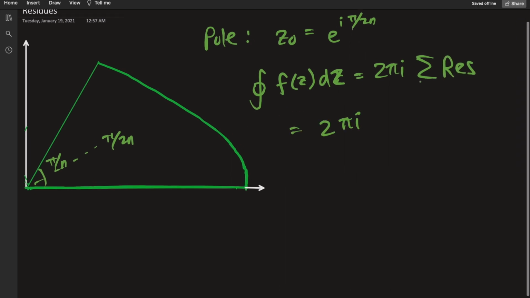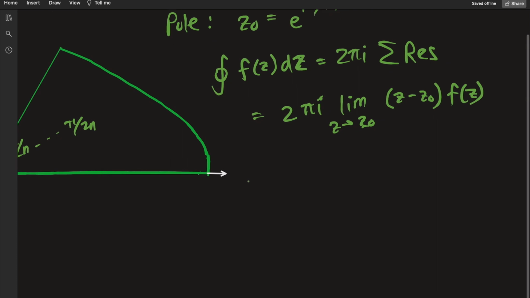So 2 pi i, and for the residue, we have to actually do a limit as z goes to z0 of z minus z0 times f of z.